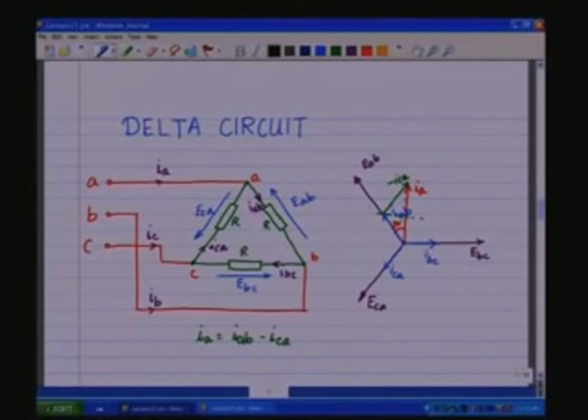Now, if it had been purely capacitive, then the phase current IAB is going to lead by 90 degrees, and ICA, also capacitive, is again 90 degrees with respect to here, and therefore the whole triangle is going to shift by 90 degrees with respect to the current position, which means IA will lead EAB by 60 degrees.